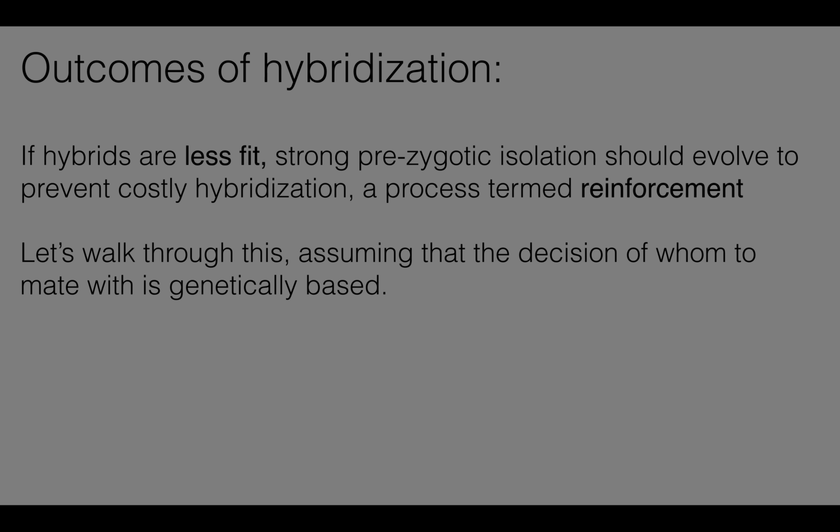If your offspring are terrible, then that gene that caused you to mate with that other species is not going to go anywhere. You're not going to pass it on because your offspring are terrible.